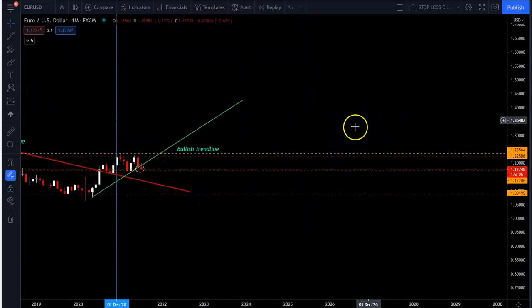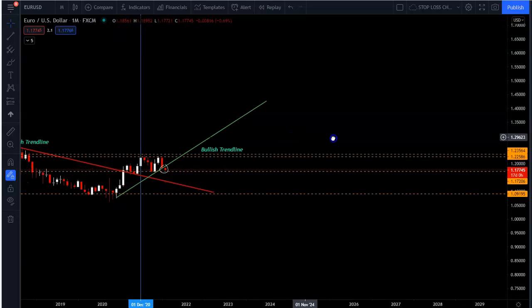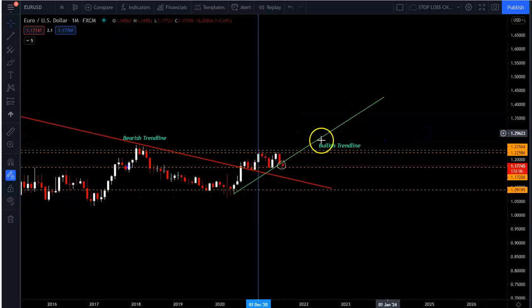All right. So the market changed from a bearish trend to a bullish trend. And this is the area where the change took place. And you see we have an engulfing candle there as well. All right. So the market did change right there.